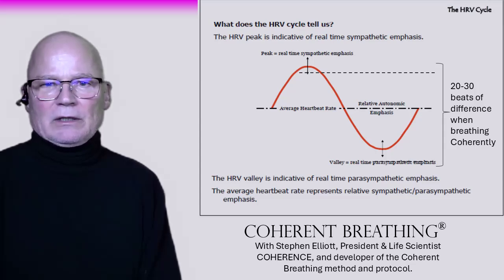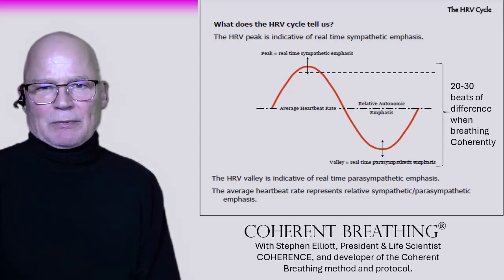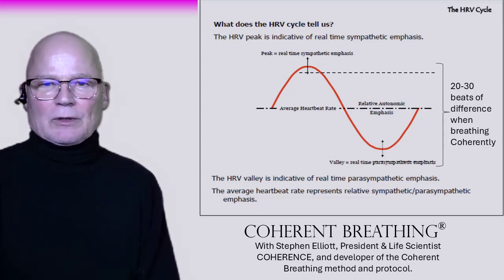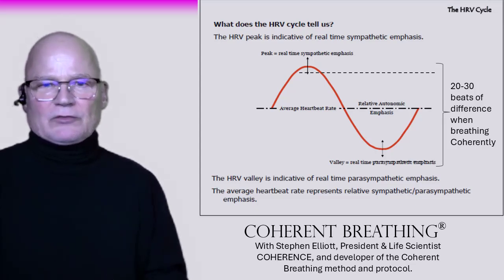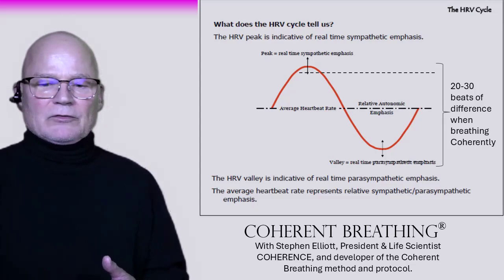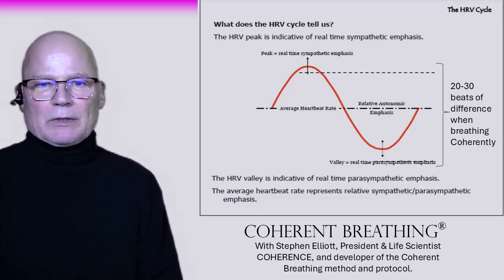So you can see that during a sine wave, the autonomic nervous system oscillates back and forth, parasympathetic to sympathetic to parasympathetic to sympathetic, etc. And this oscillation is modulated to a large extent by breathing.